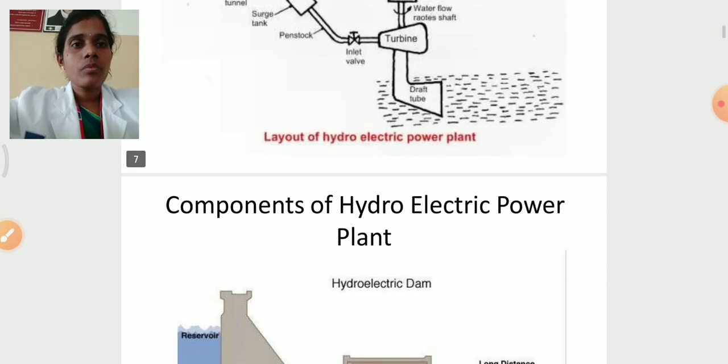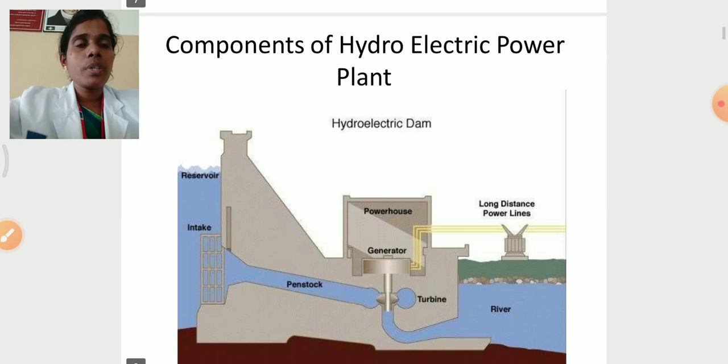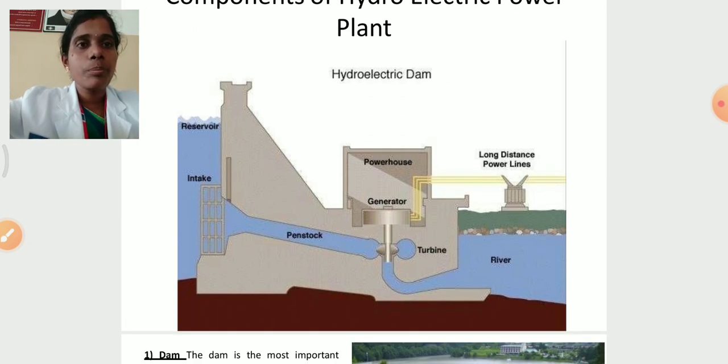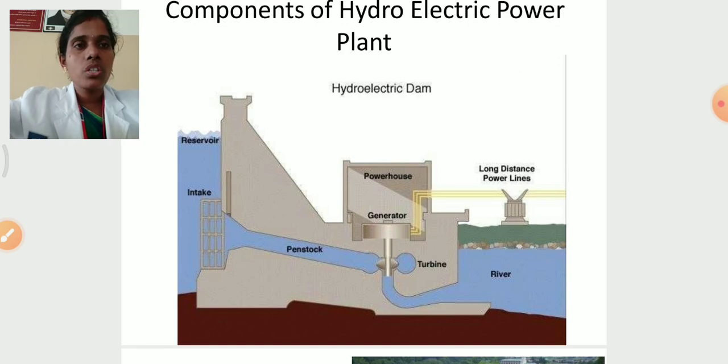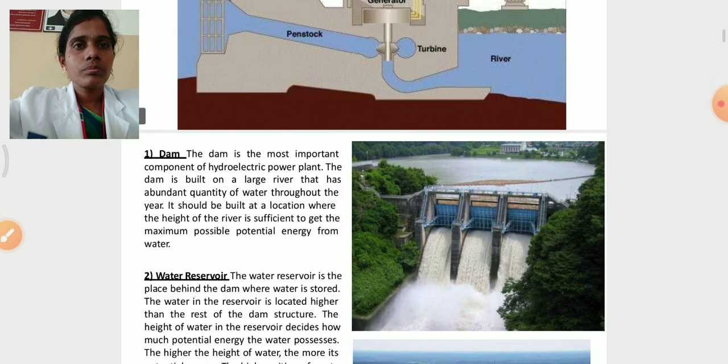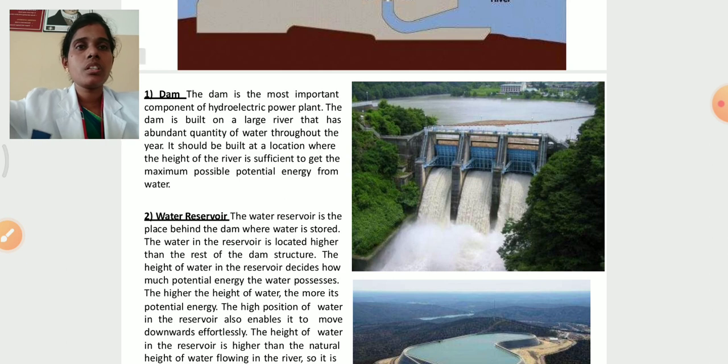The major components of hydroelectric power plants are the reservoir, the intake, penstock, powerhouse, generator and turbine. The first component is the dam, which is the most important component of a hydroelectric power plant.